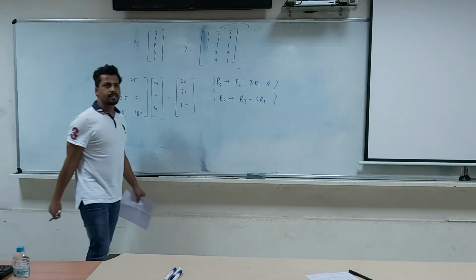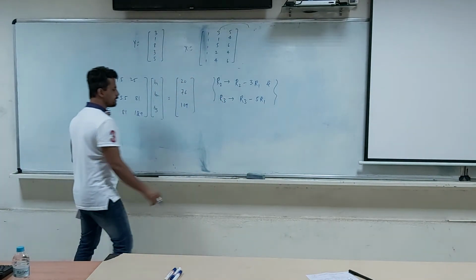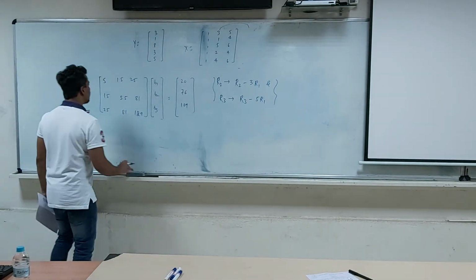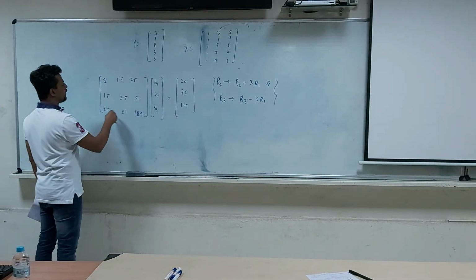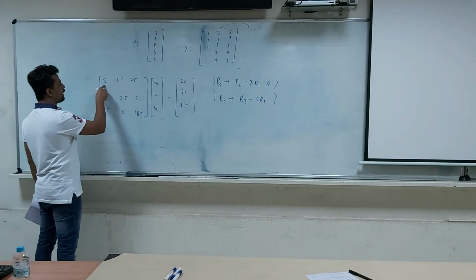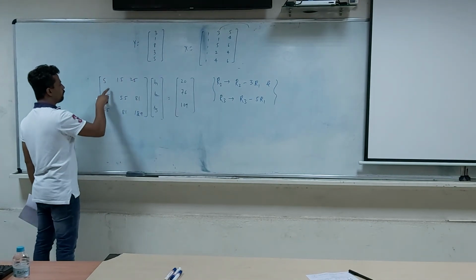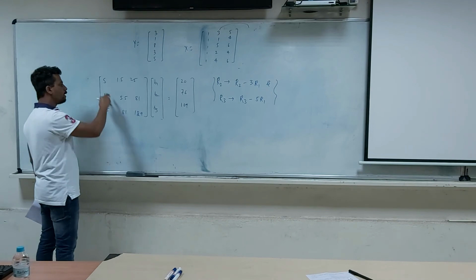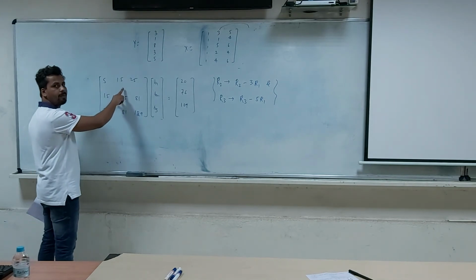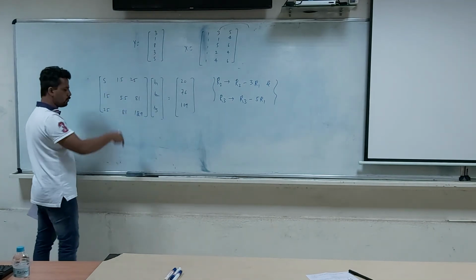So these are the two operations that I perform on these matrices. So what will happen now, row 2 minus 3 times r1, so row 2 is this minus 3 times this, so 3 times 5 is 15, 45, 75, so 15 minus 15 will be 0, 55 minus 75 will be minus 20, and similarly we'll do this.